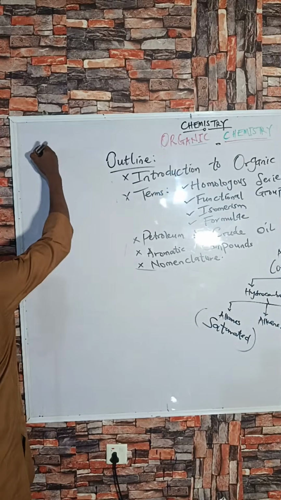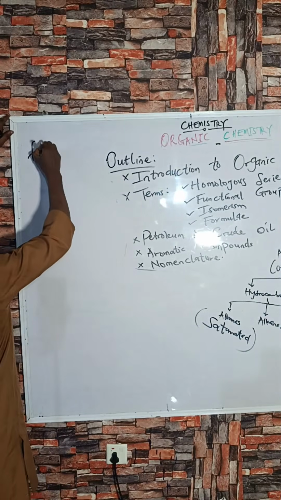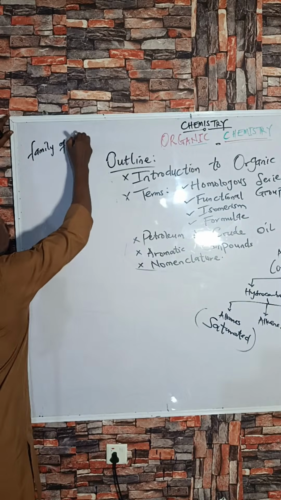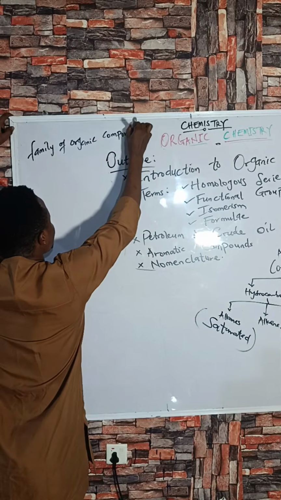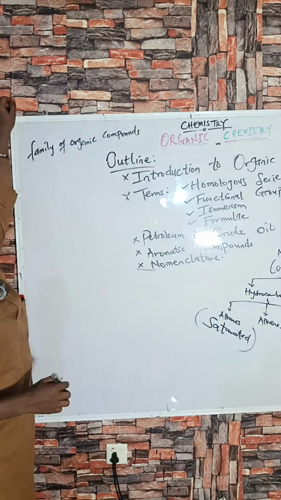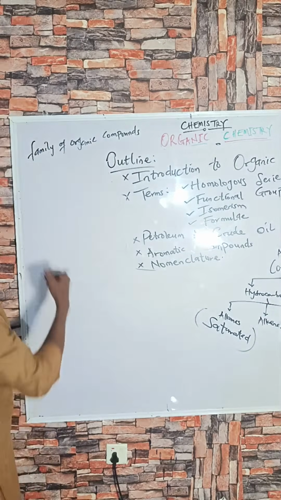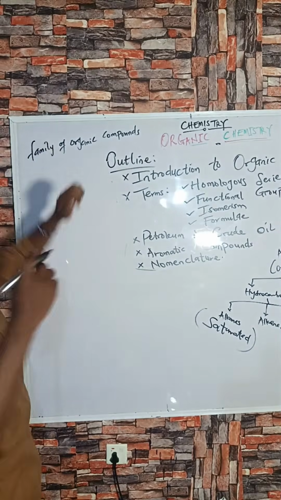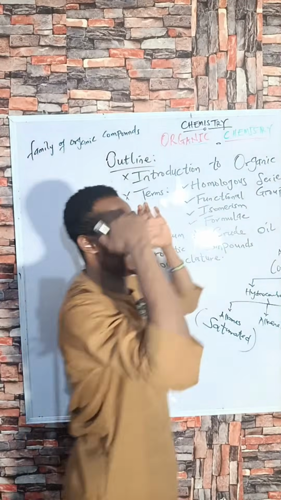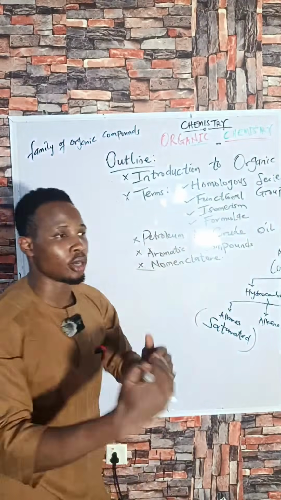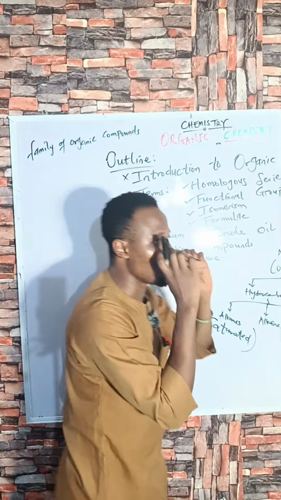So we say homologous series, the first thing is that it is a family. Family of what? Organic compounds. What happens to them? They follow a regular structural pattern. That is, if you see the father and we see the son, the shape of the nose, that's the structure.